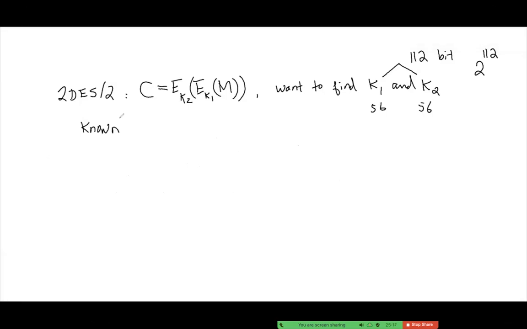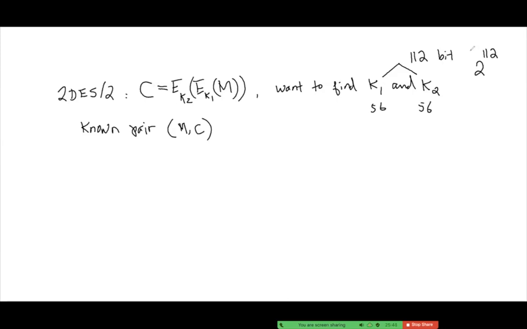Like a DES. So let's say you have a known ciphertext. I try all possible K1 and K2, then I see whether I get this equality. So you have to see this many times.